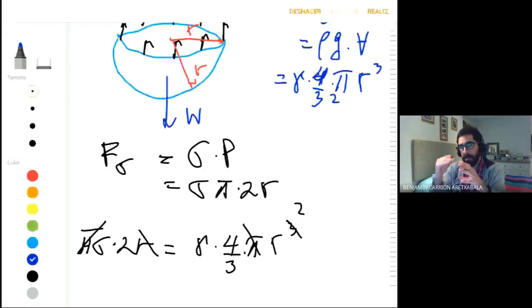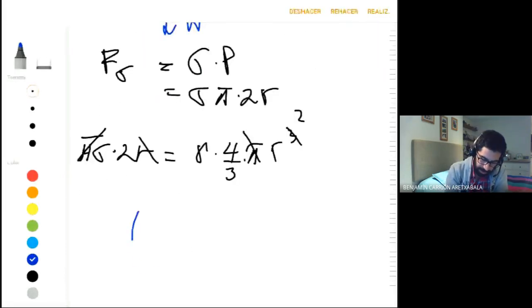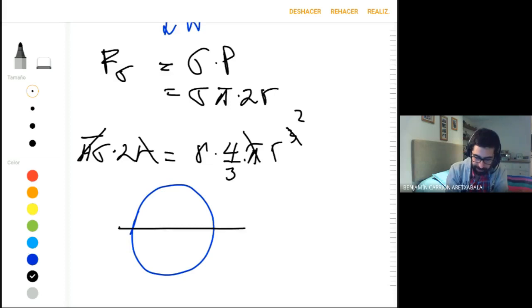And if you cut it in a different position, that's actually a very good comment. Let me just draw this in a different view. So we're cutting this thing here by half. But if we cut it here, what's going to be the value?